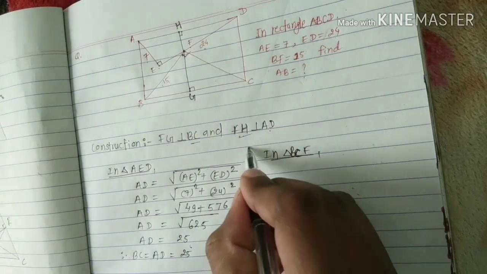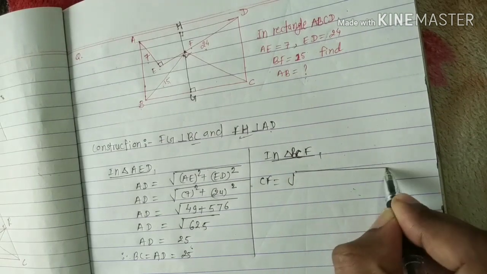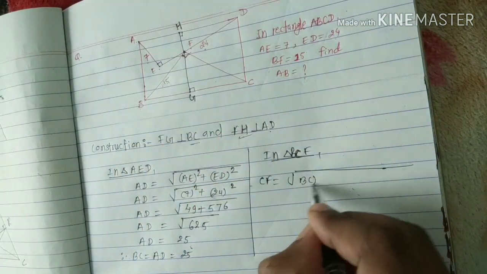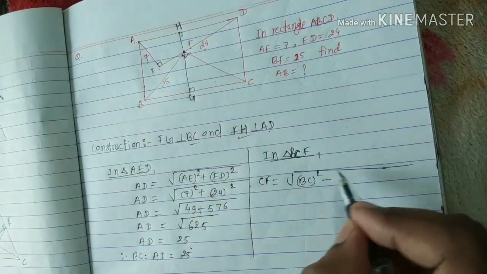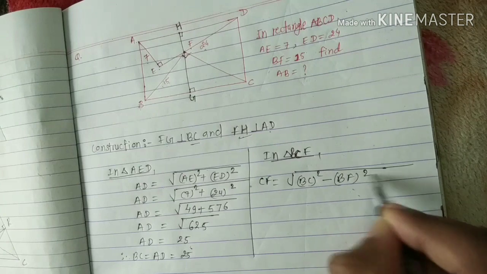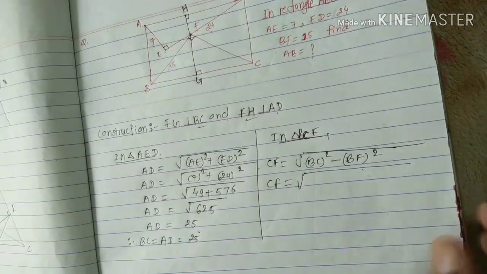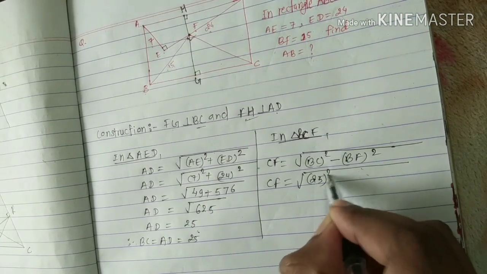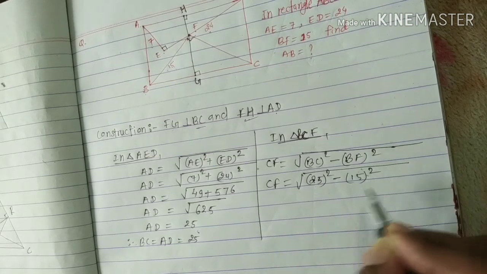So CF is equal to the root of the hypotenuse, which is BC, so BC squared minus BF squared. The BC value we got here is 24, sorry, 25. So 25 squared minus the BF value, which is 15, so 15 squared.